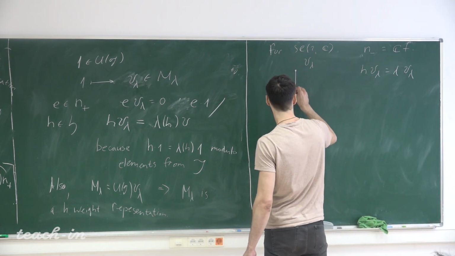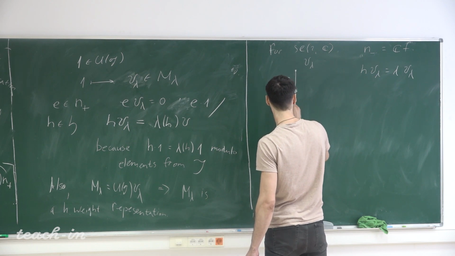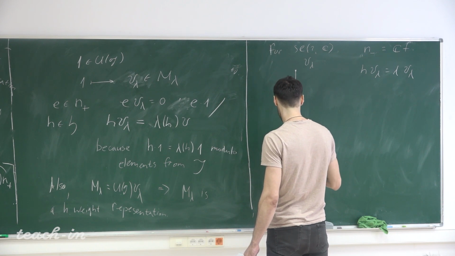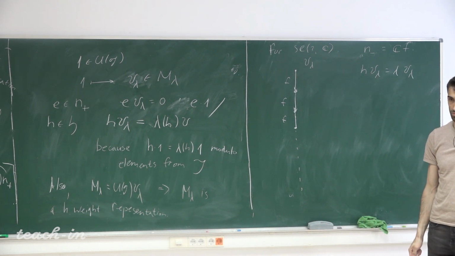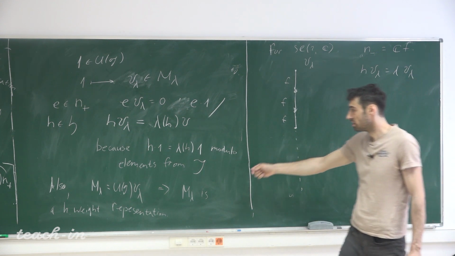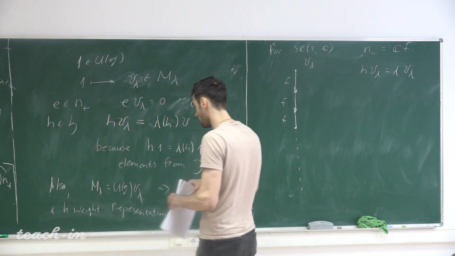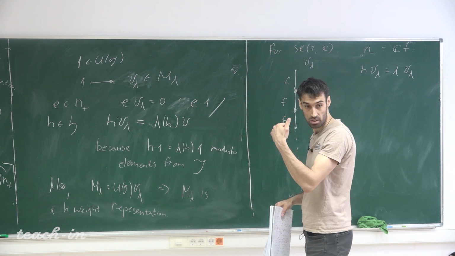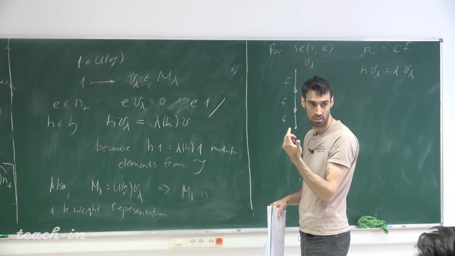And so you just do it, and you do it infinitely many times. So all in your M lambda, by the Poincare-Birkhoff-Witt theorem again, it's of the same size as U of n minus, right?